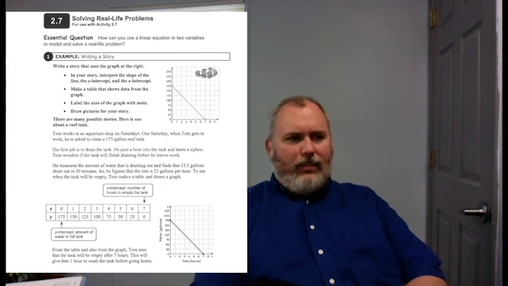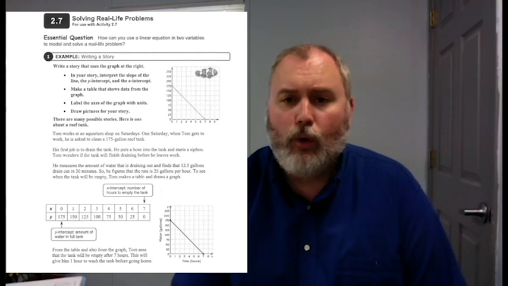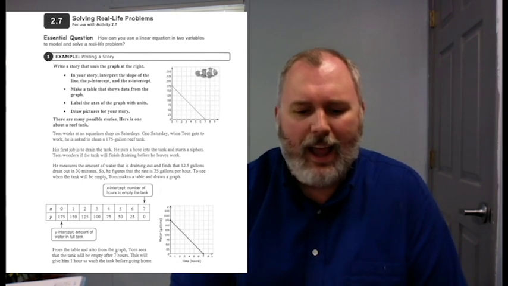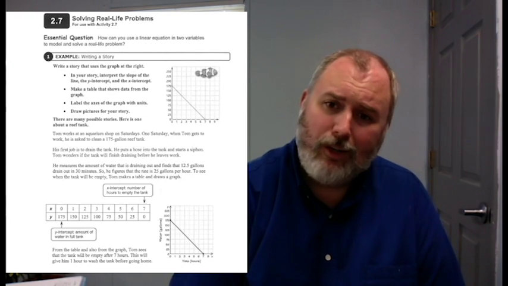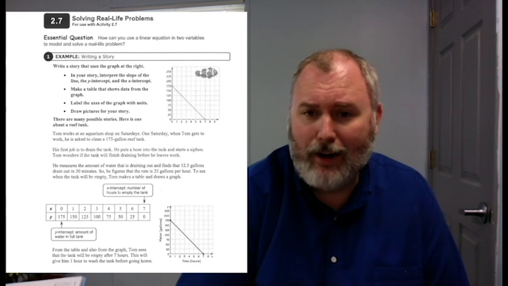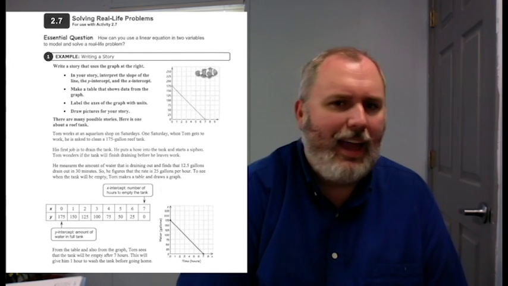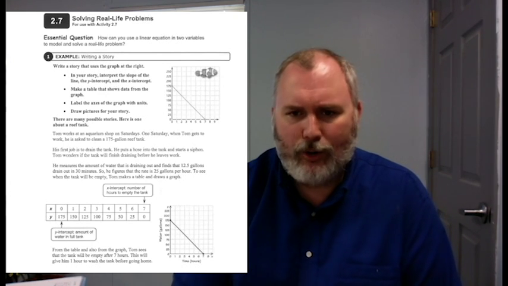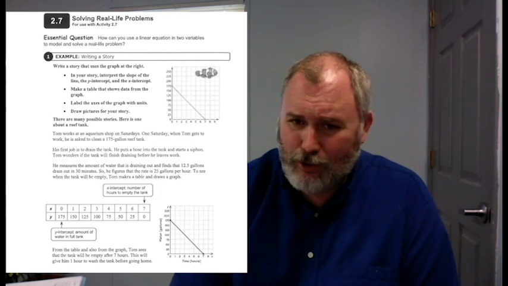It says that your job is to create a story from that graph, and they give you an example of a story. That example was about a guy named Tom who works at an aquarium. They've given you an entire story, some tables, they interpreted the x and y intercepts, and they gave you another type of graph. So your job is to do very much the same thing.